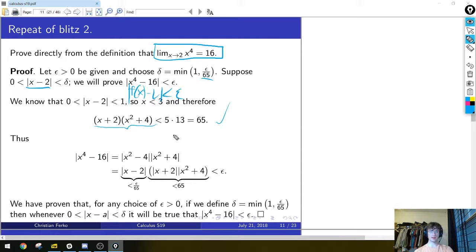And this is where we use the two assumptions. Here in this step we proved that this is smaller than 65. And by assumption, we chose absolute value of x minus 2 to be less than epsilon over 65. So again, they were precisely chosen to cancel, so this would all be less than epsilon.